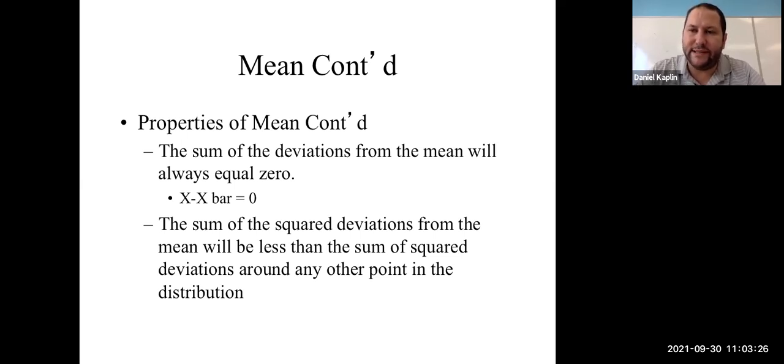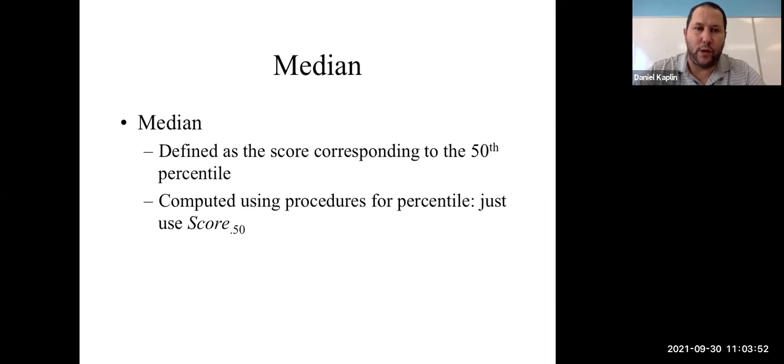Now, I'm planting a seed. This isn't necessarily important for this lecture, but when we learn about variance and standard deviation, it's going to be much more important. So the sum of deviations is always equal to 0. Sum of deviations is X minus X bar. Now, the sum of squared deviations is going to give us some sense of variability from a center point.